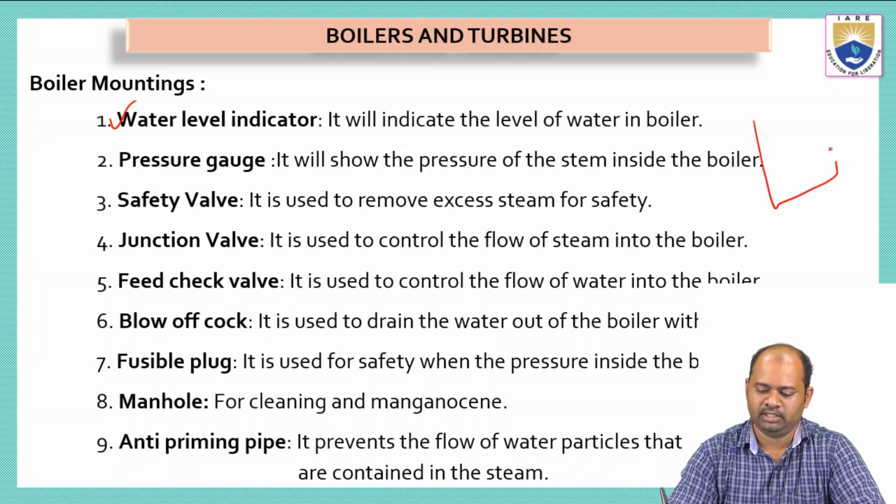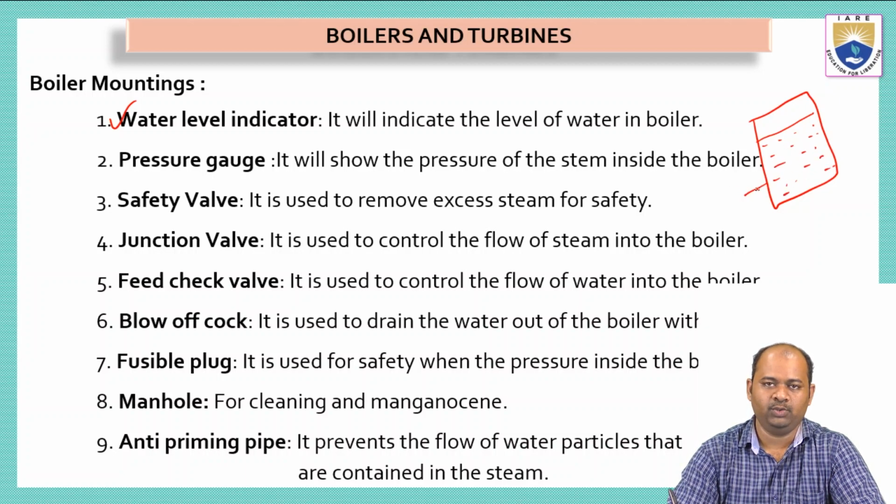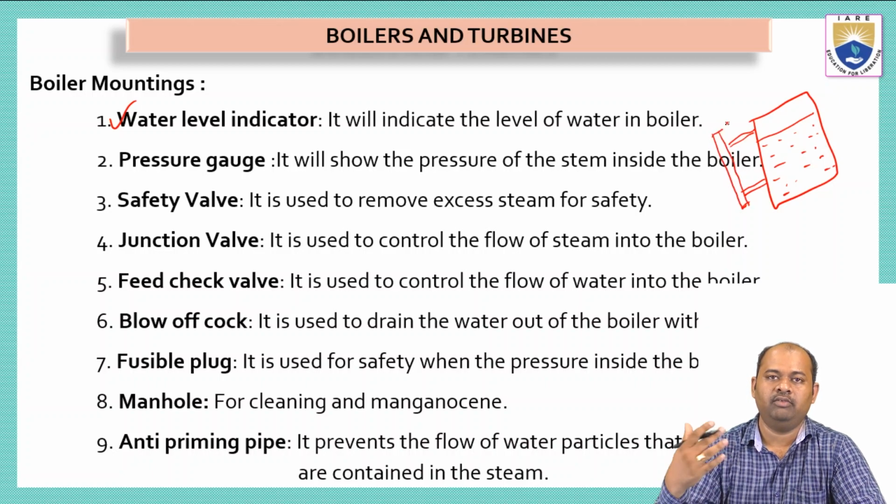If this is the water tank and in this the water is up to this level, we will connect a device by using 2 or 3 pipes. 2 pipes will be connected like this and 1 vertical pipe will be connected to these 2, where we can see the level of water.